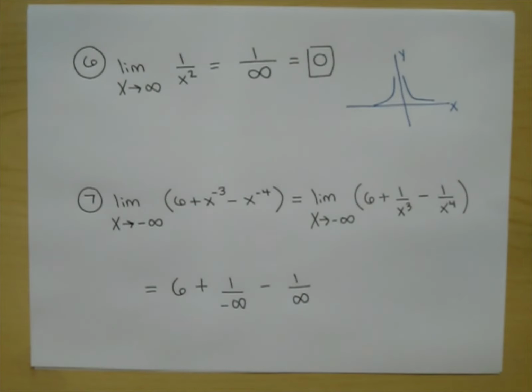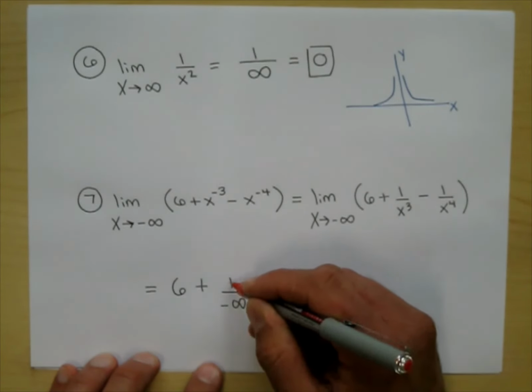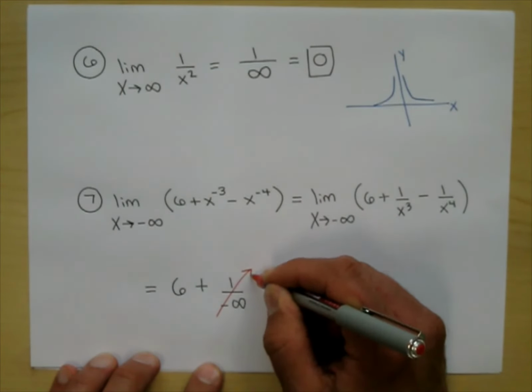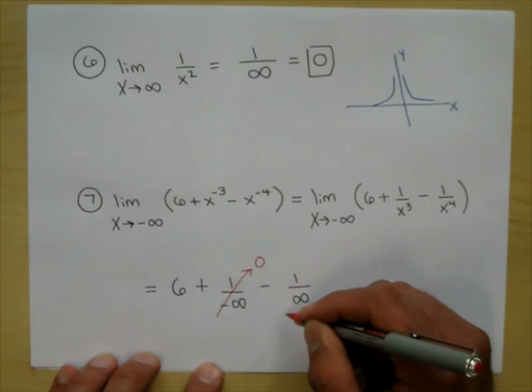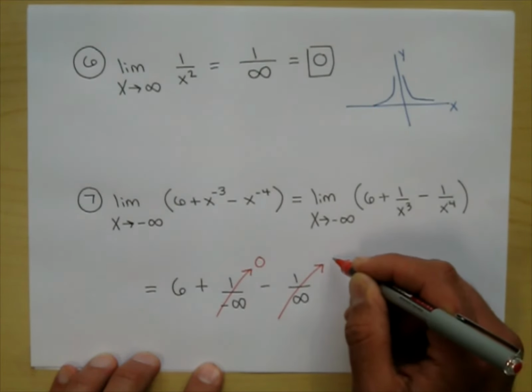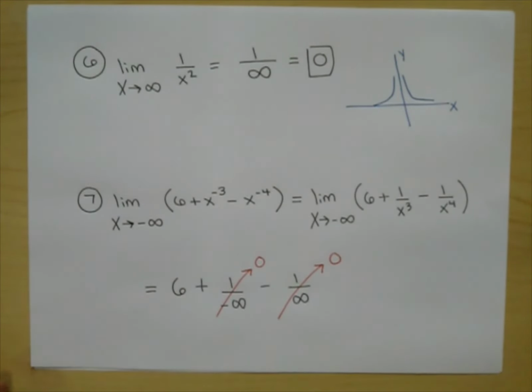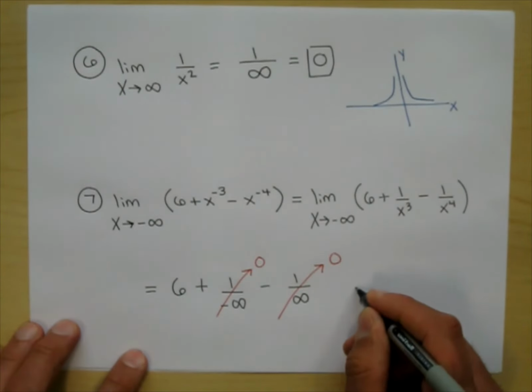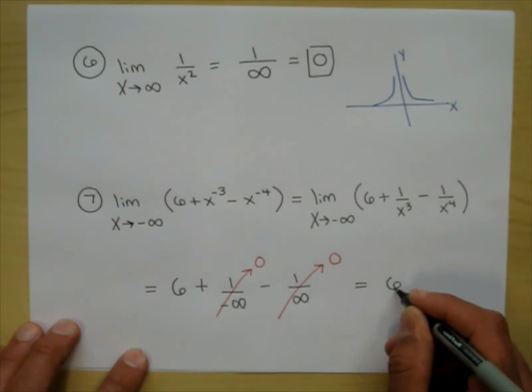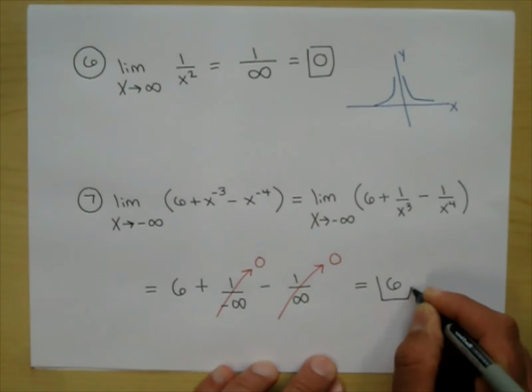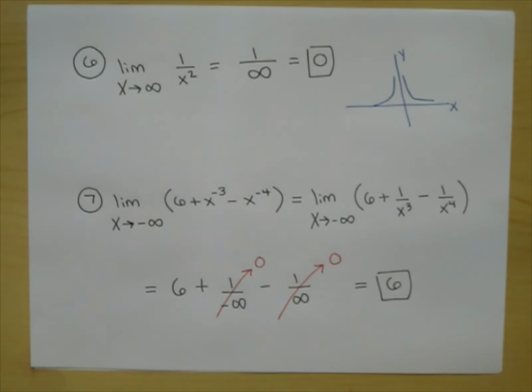In some ways, it doesn't really matter if that was a plus or a minus, because 1 over infinity or 1 over negative infinity tends to go to 0, and that one goes to 0 as well. And so my answer is 6. Okay, so that is what I end up getting.